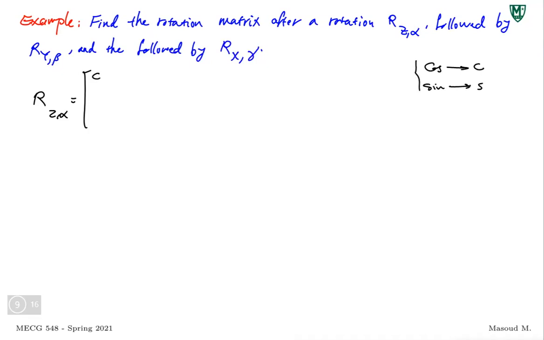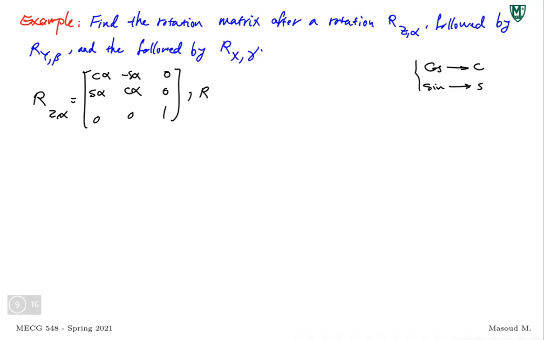So if you follow that notation, this becomes cosine alpha, minus sine alpha, 0, then sine alpha, cosine alpha, C alpha, 0, and then 0, 0, 1. It makes the writing much easier instead of continuing to write sine, cosine.